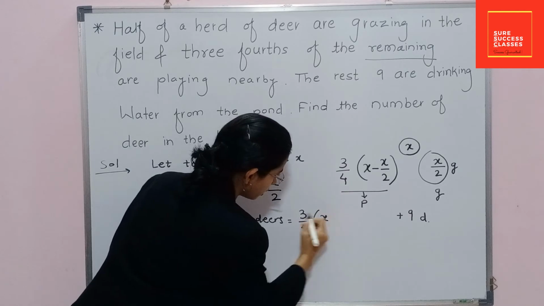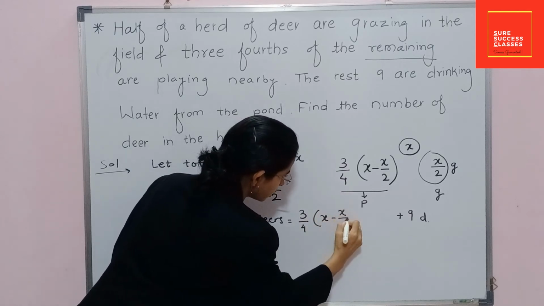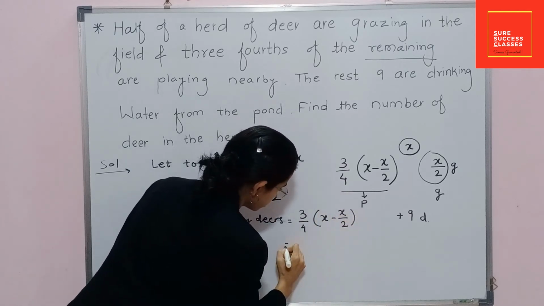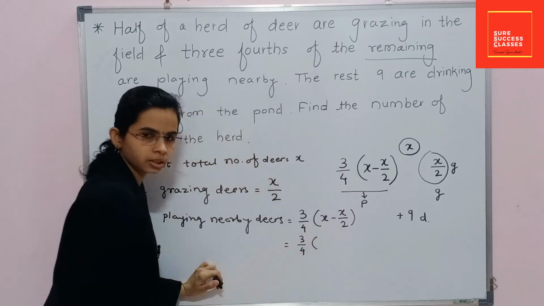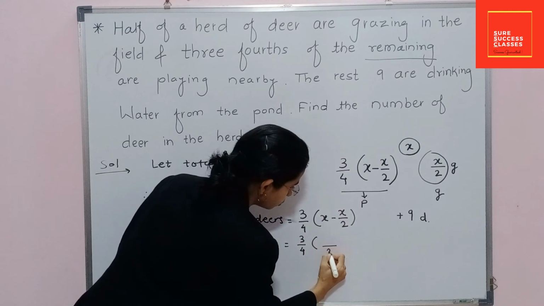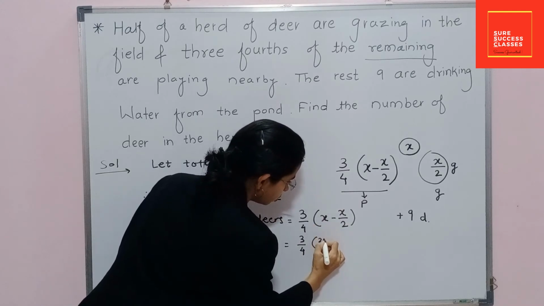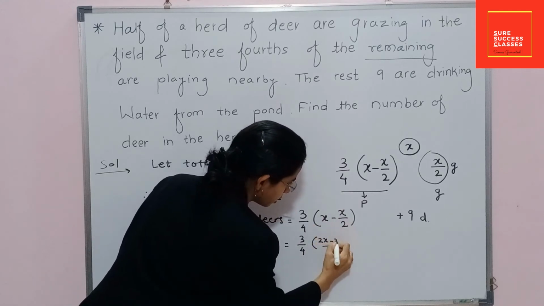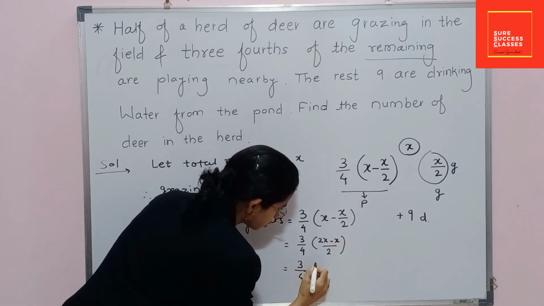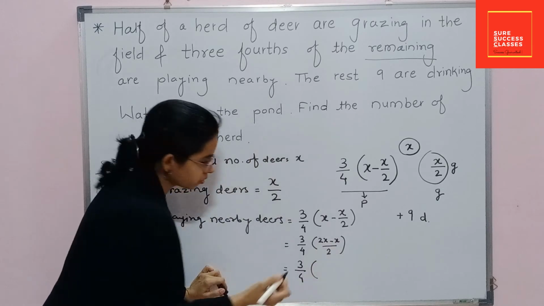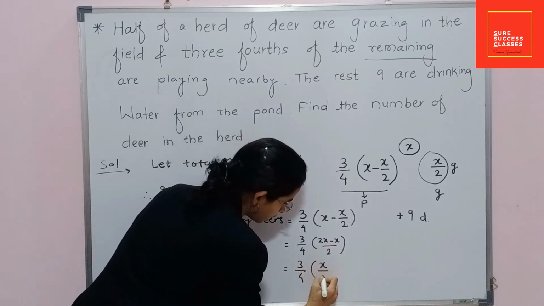Remaining are x minus x by 2. We will solve it here. We will take the LCM 2, then 2 into x, 2x minus x. So 3/4 of 2x minus x will get x by 2.